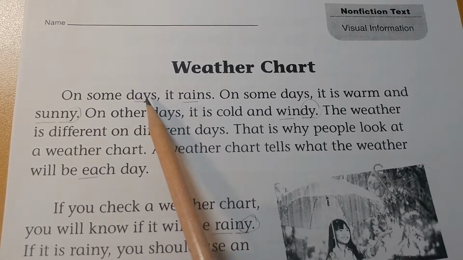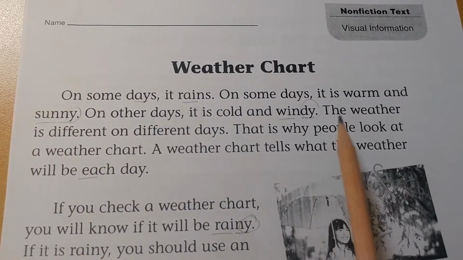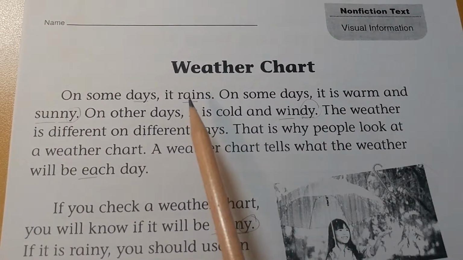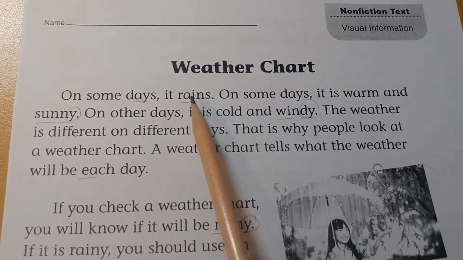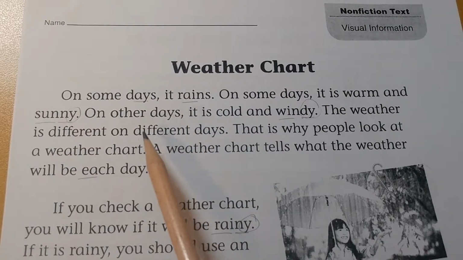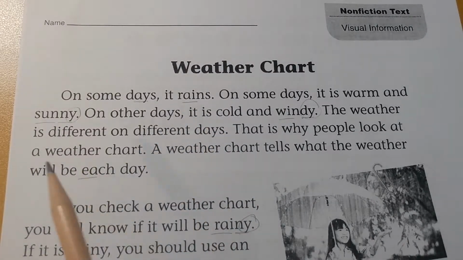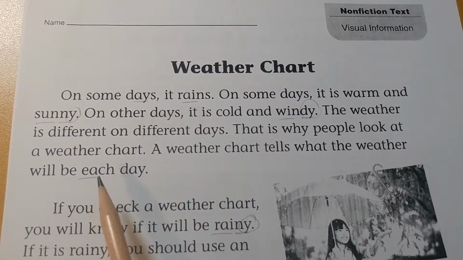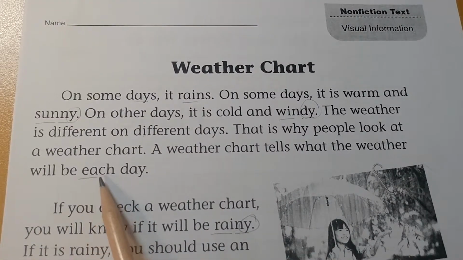Do you see another long A sound in this paragraph? That's right here. AI also makes the long A sound. So we have rains, rains.